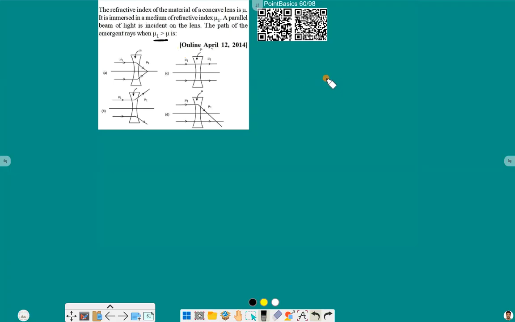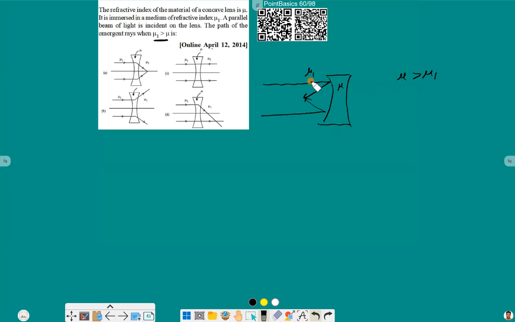Now normally what does a concave lens do? If we have a concave lens like this, normally it will diverge the light, and this will only happen when, suppose this is mu and this is mu1, mu is greater than mu1.